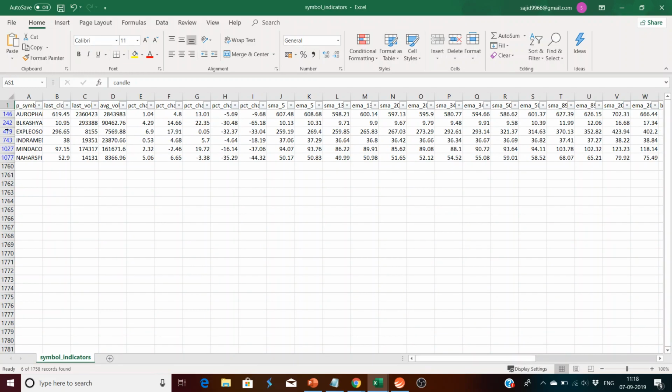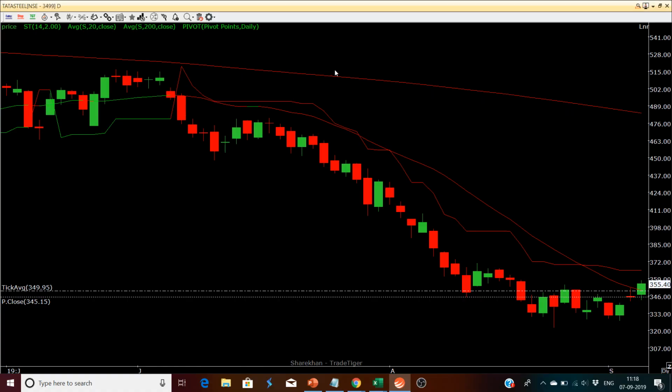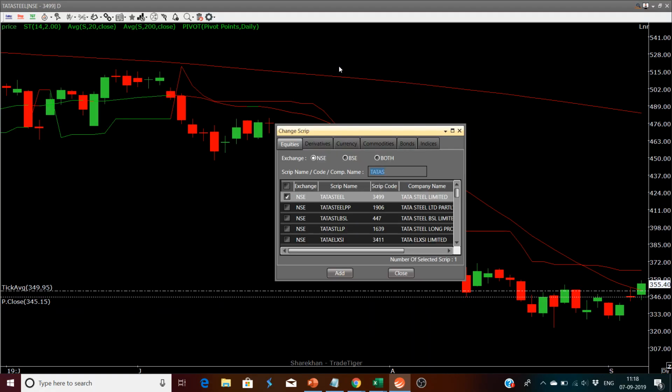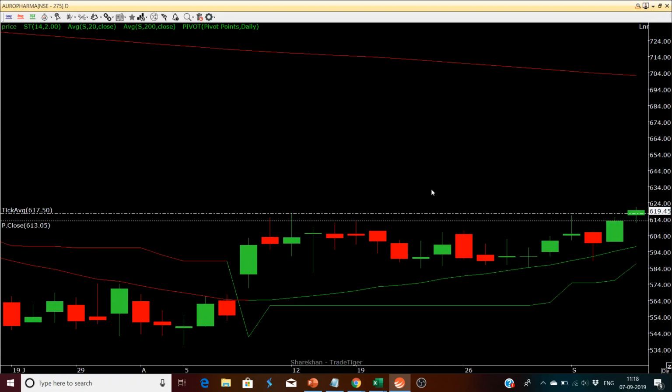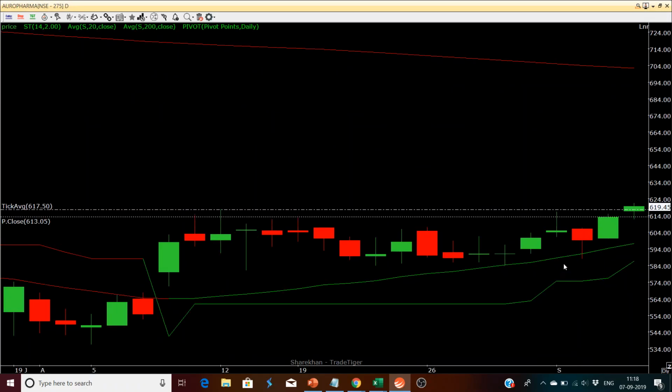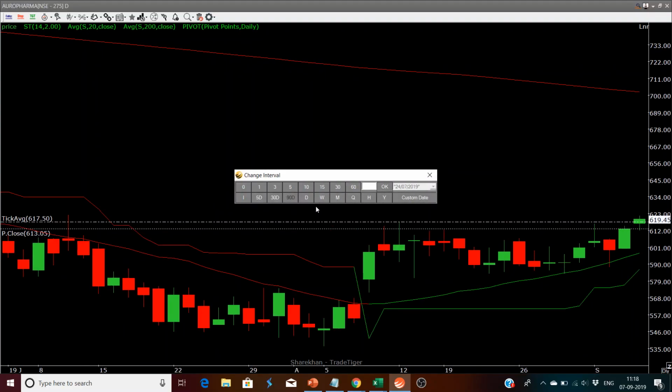So Oroforma is a shooting star. Check Oroforma. Let's see what Oroforma is doing. So I don't see any shooting star forming here.